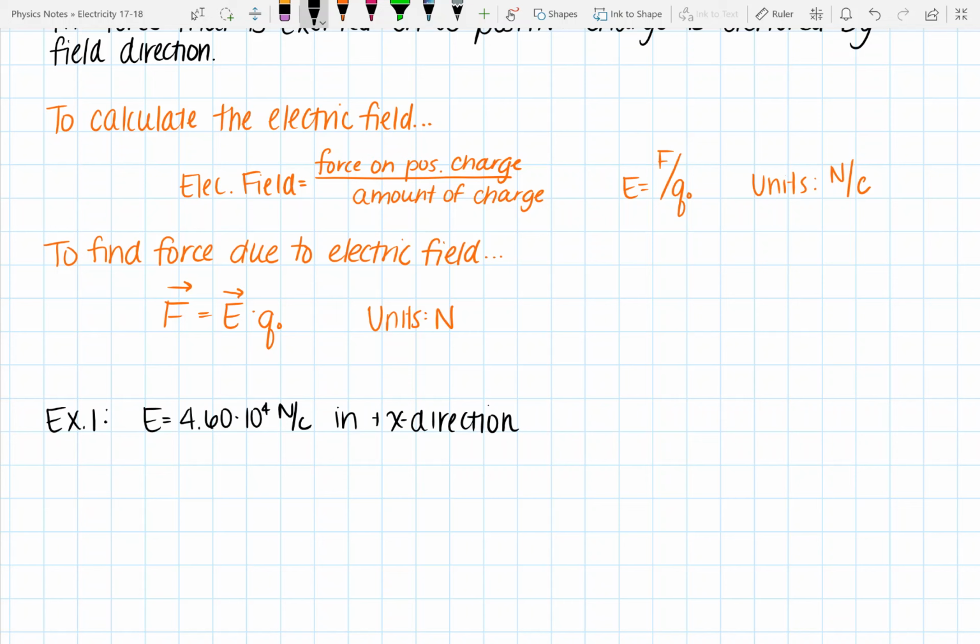And I want to find the force. I have two parts to this. In A, I'm going to have Q being equal to 2.8 microcoulombs. And in B, I'm going to have Q being equal to negative 9.3 microcoulombs.